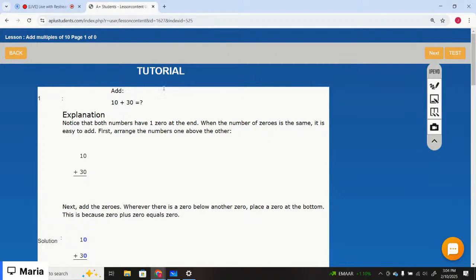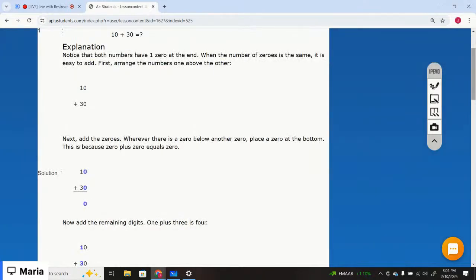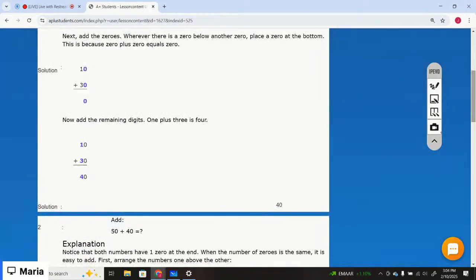So 10 plus 30. Both of the numbers have one zero. So let's just write them down one above the other. Start adding with the one digit. 0 plus 0 is 0 and 3 plus 1 is 4. So that is 40.